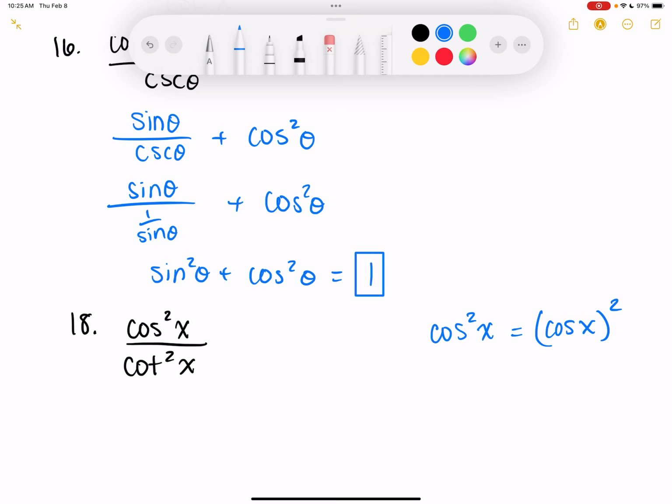So I could, but I want to see if I can rewrite it in terms of something that I already have in the problem, because my goal is to get things to cancel. So this is one of those situations where things could be written two different ways, but that wouldn't get you to your end result. Could you write cosine over cotangent and have what you have now, and then add cosine squared x over cosine squared x? No, can't do that.